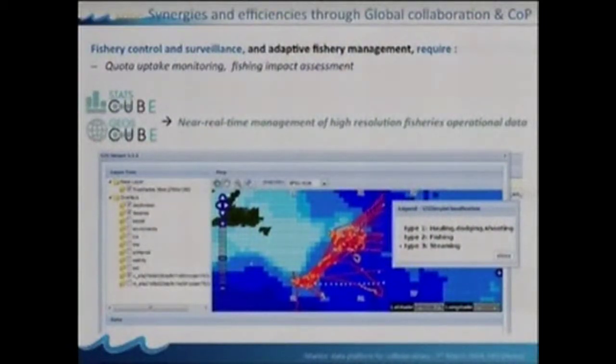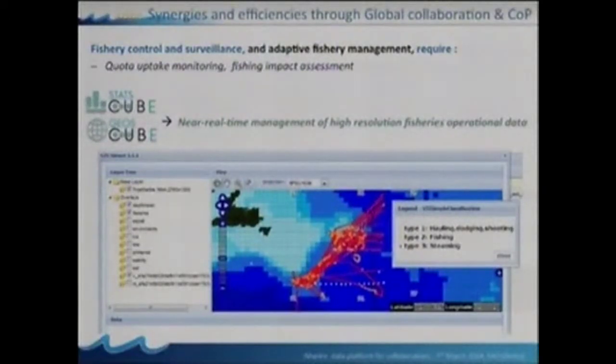Talking about finer grain catch and effort data, in the field of fishery control and surveillance, but also adaptive fishery management, the global community is now stepping into quota uptake monitoring or fishing impact assessment.